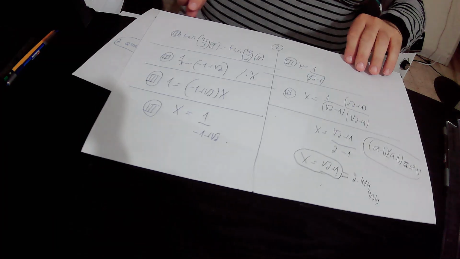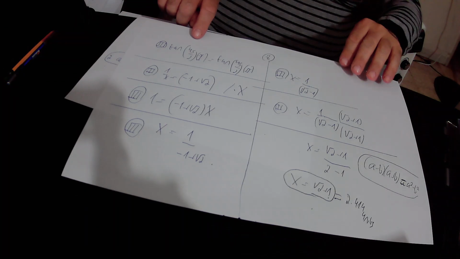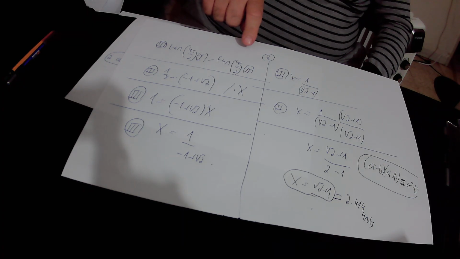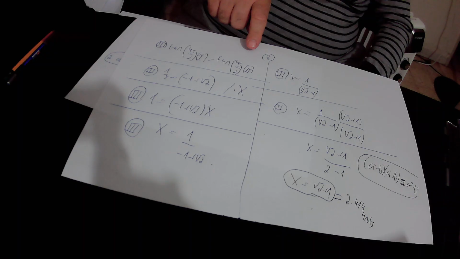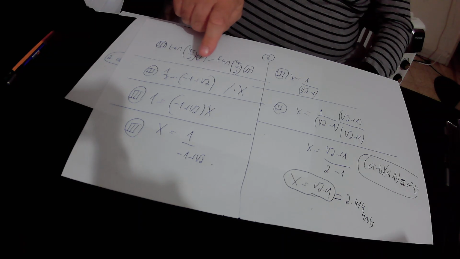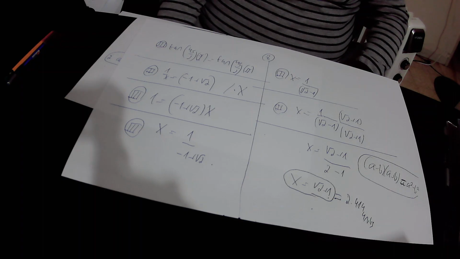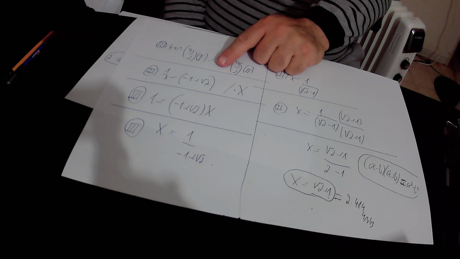Tan 45 over 2 degrees according to equation number 1 is 1 over x. And it must be equal to tan 45 over 2 degrees according to equation number 2, that is minus 1 plus root of 2. So in conclusion, we found out that according to equation number 3, 1 over x equals minus 1 plus root of 2.